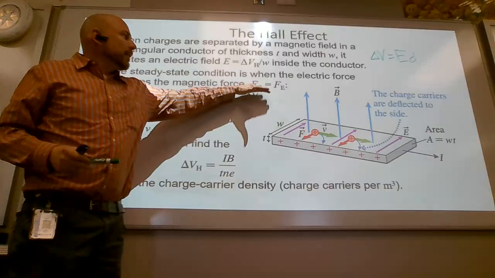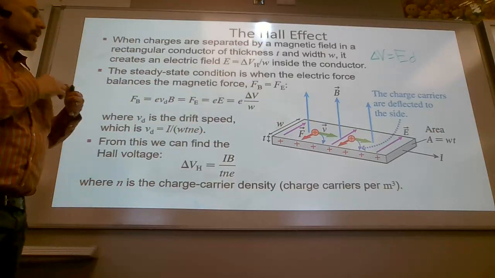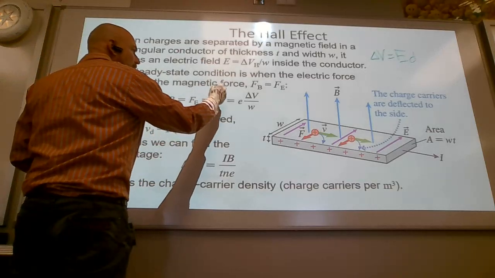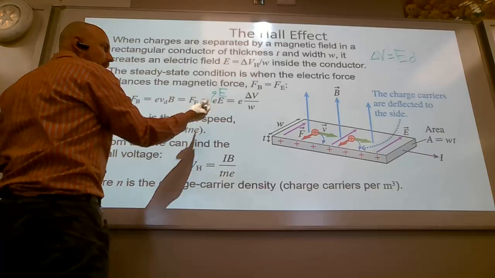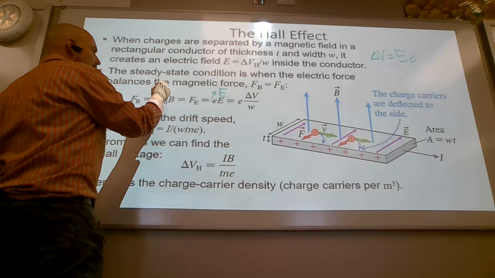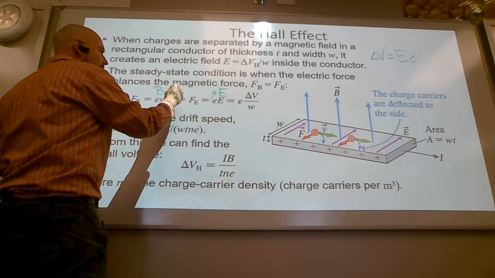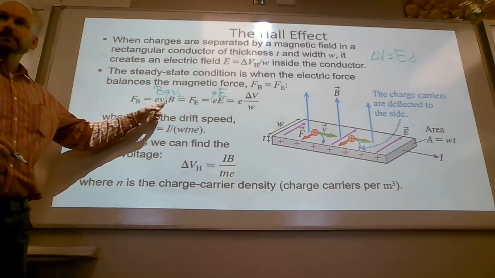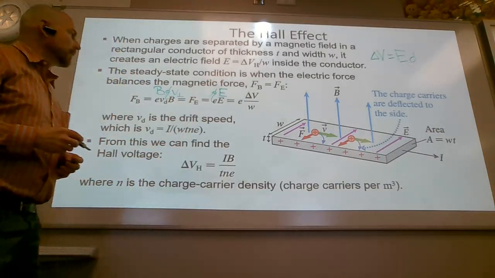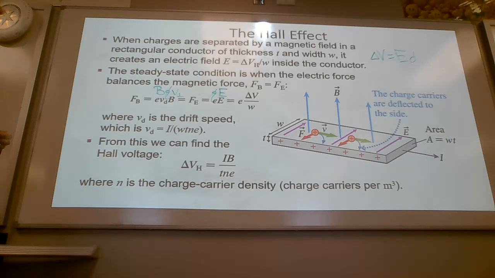Once it reaches steady state, we have the forces equal to each other. So we know that the electric force is charge times electric field. You're looking at electrons, and this is the magnetic field times the charge times the velocity perpendicular. Okay, charges go away. But we don't want the charges to go away.